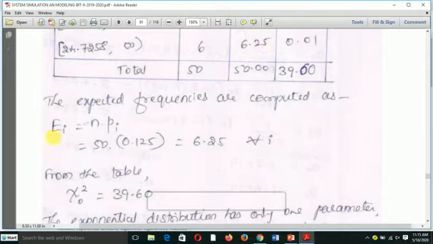It will be like this: expected frequency is equal to NPI. N is 50, PI we saw is equal to 0.125. So if we multiply them, expected frequency is 6.25 for each i.